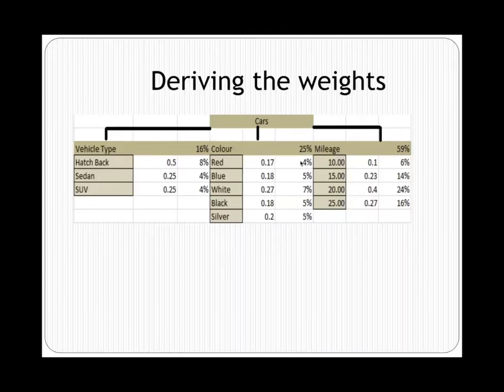Okay, now if you just look at this very carefully, all of the colors in the color column, red will have a weightage of 4%, blue will have a weightage of 5%, white will have a weightage of 7%, and so on. So you can get the weightage of each and every item in the complete table, in the complete list of items.